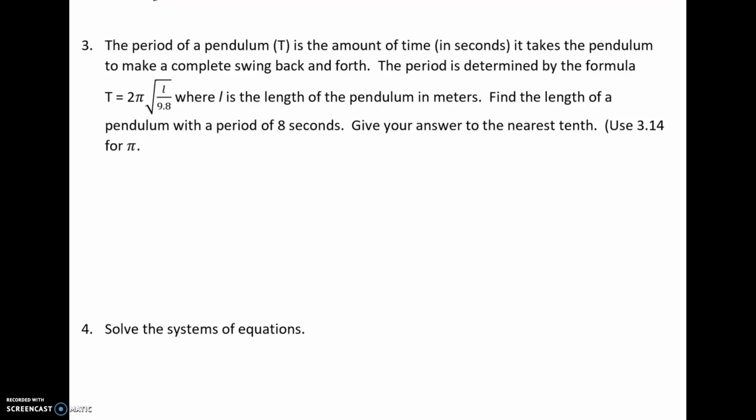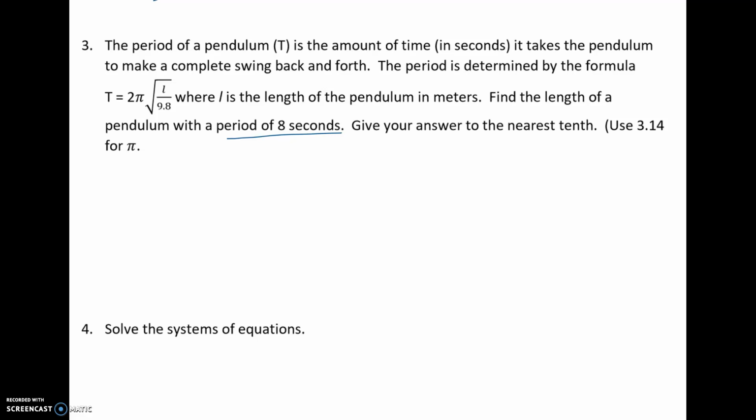Find the length of a pendulum with a period of 8 seconds. Give your answer to the nearest tenths. And this one does say use 3.14 to solve for pi. So obviously this would be one that you would definitely use a calculator for.